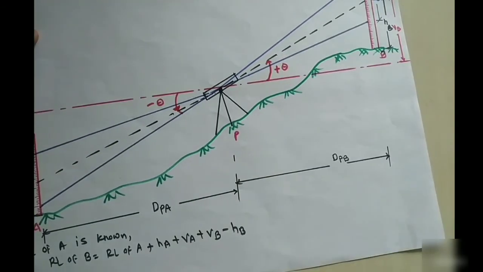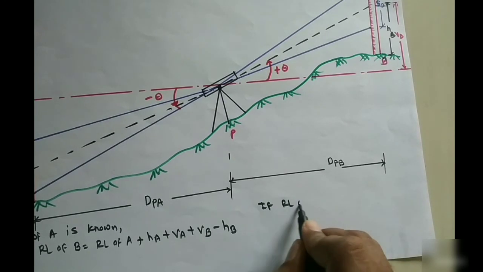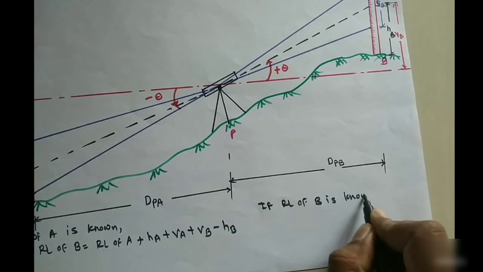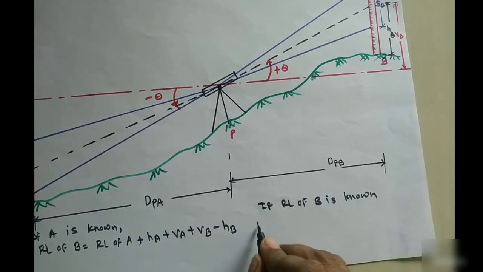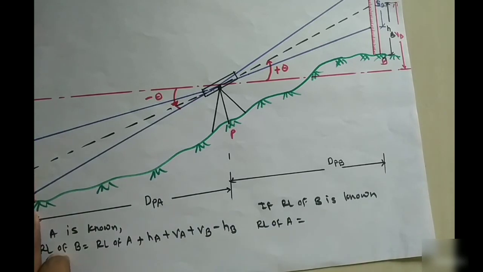Okay, now if RL of B is given or B is known, then what is RL of A?